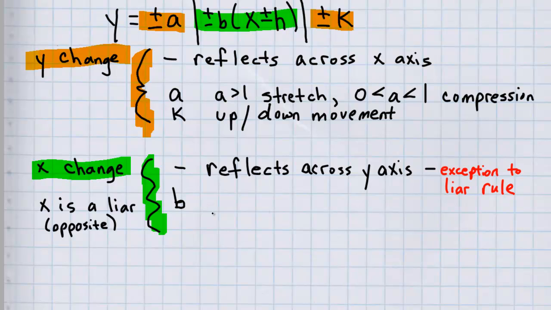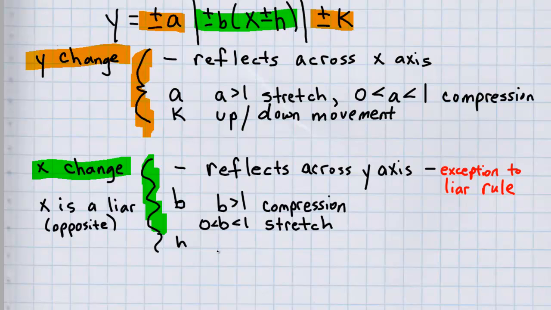If b is greater than 1, we have a compression. And if b is between 0 and 1, we have a stretch, because it's the opposite of the way we think. The last part of the x change is h, and h is right-left movement.